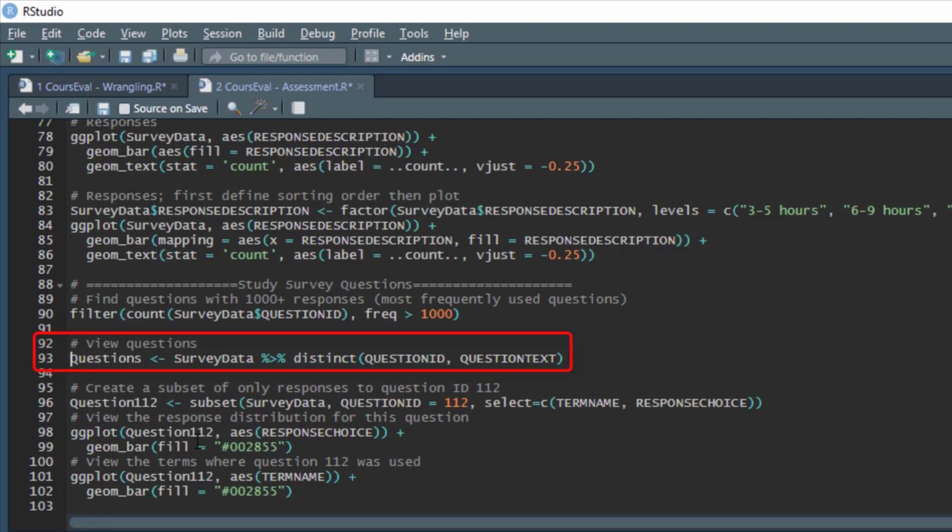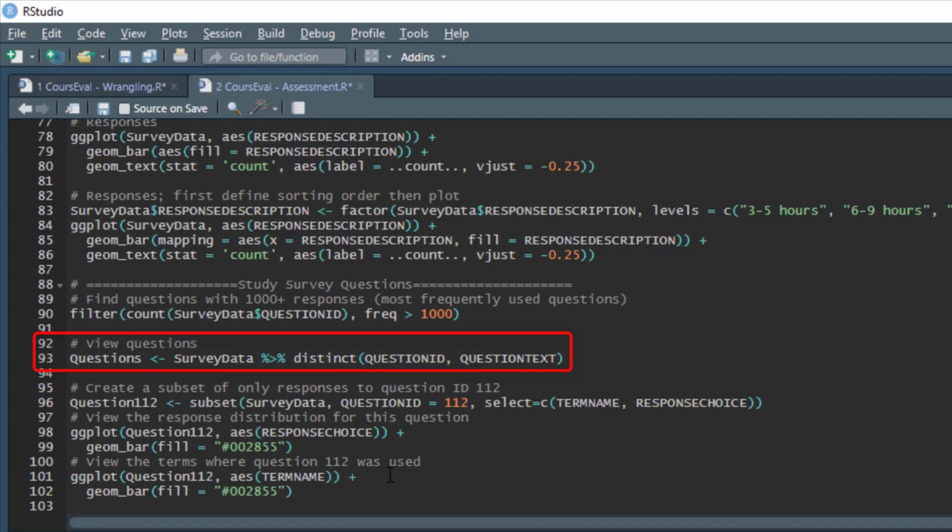But when we execute this next command, we're going to look at just unique question IDs, because our data set has a question ID for every time that question was issued. For example, for question ID 34, we have 2,188 rows, but we only want to see that row once. So we're going to use the distinct function to pull only unique instances of each question ID.